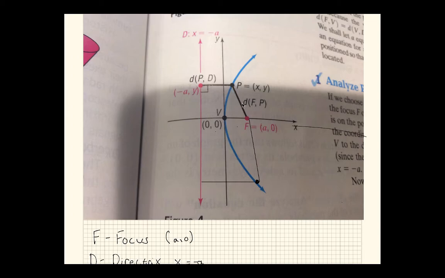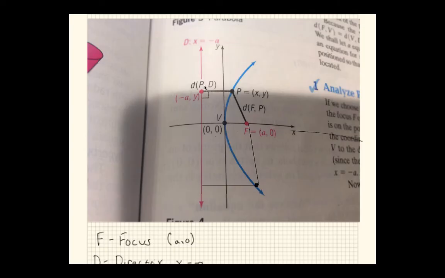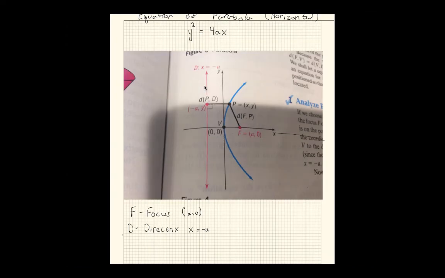This distance here is equidistant to this distance here. And again, that's true for any point, even the origin. That's what the focus and directrix are basically doing for us, just if you're curious where they come from. Now, how we find the focus and directrix is from this equation here. Solving for a in this equation is going to give us the directrix and the focus.